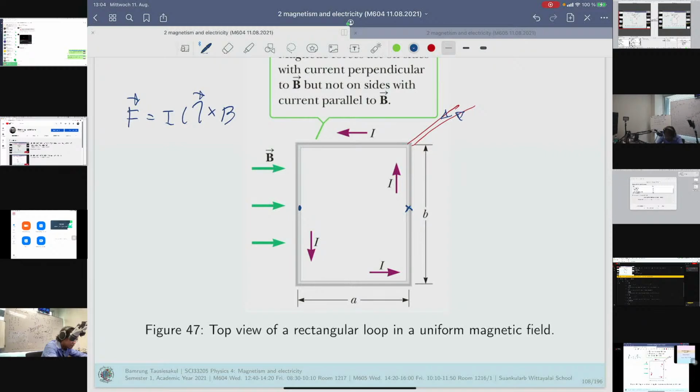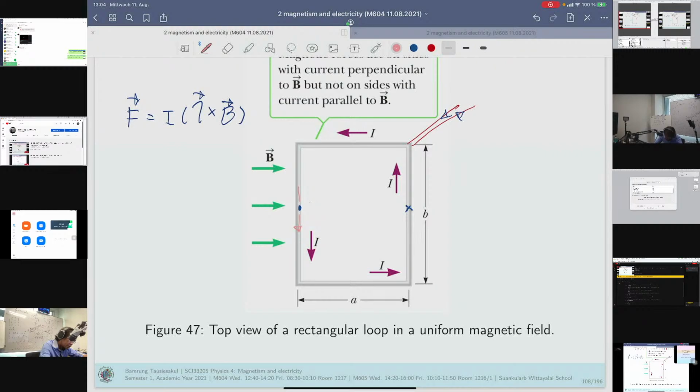And of course, once we have the current flowing in this direction, it means our vector L is going to be here, in this direction. And you have, of course, the magnetic field here, vector B, like this.